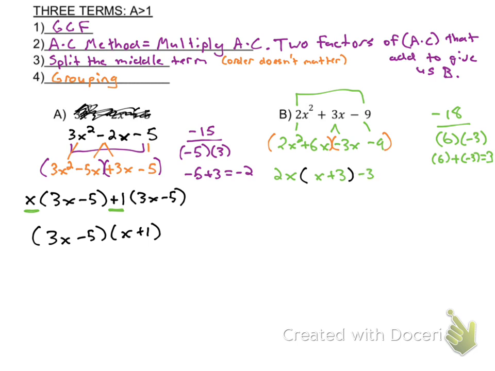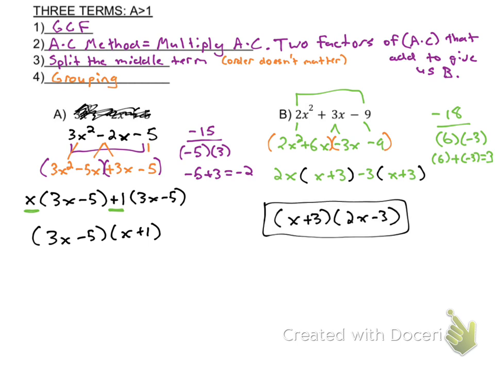Negative 3. Good. If my leading coefficient is negative, I always take out a negative. So I take out a negative 3 there, which leaves me with x plus 3. So I have x plus 3 times 2x minus 3.